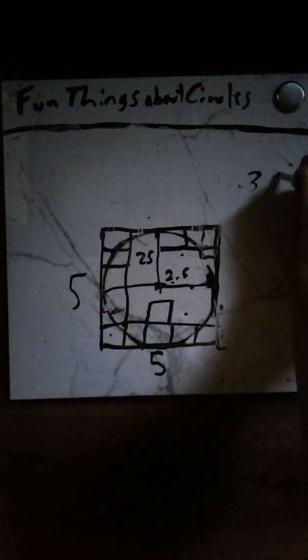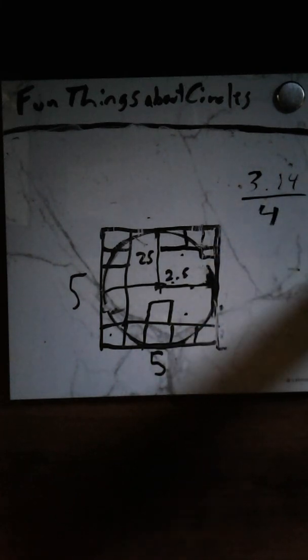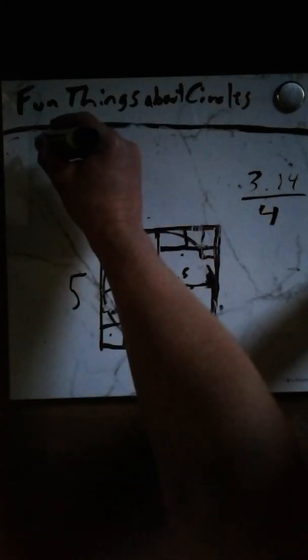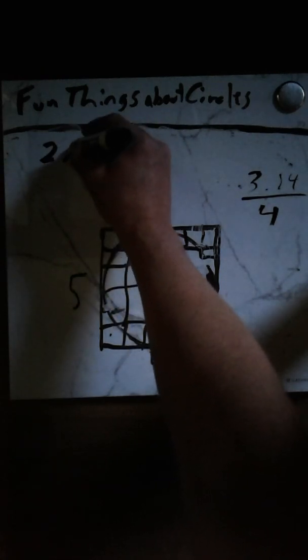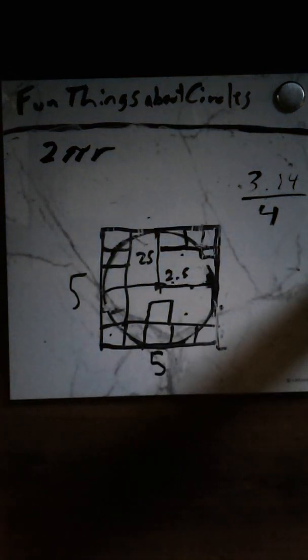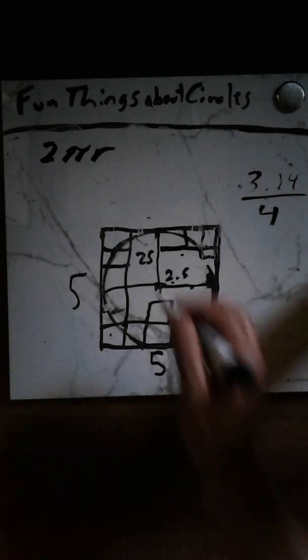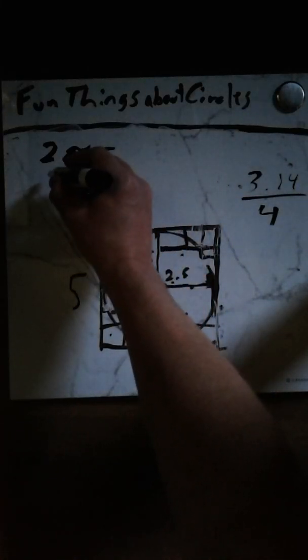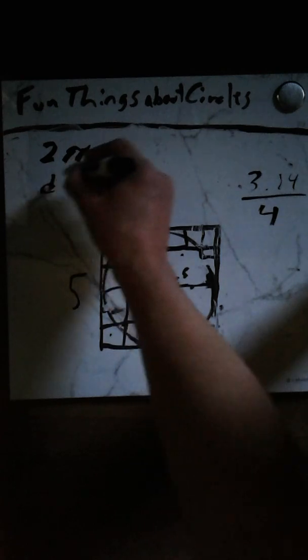We'll just go to 2 digits past the decimal again, 3.14 over 4, where the formula is 2 pi times radius. And for me, it's more intuitive to think of it as diameter times pi.